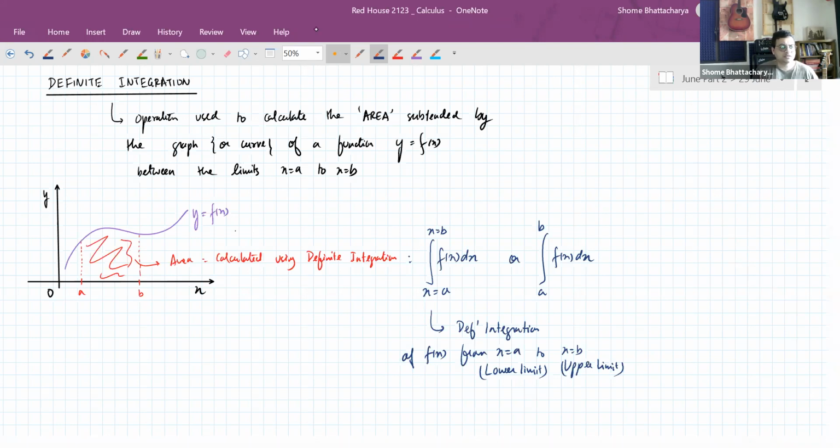Okay, so let's see next how we calculate this integration.